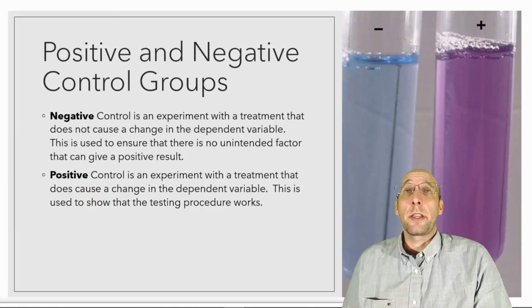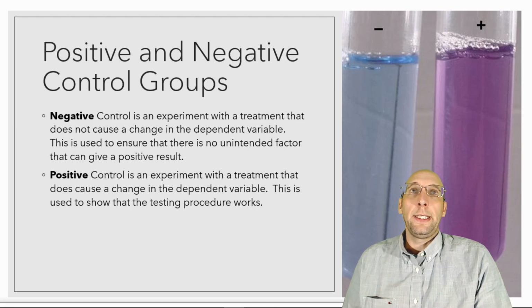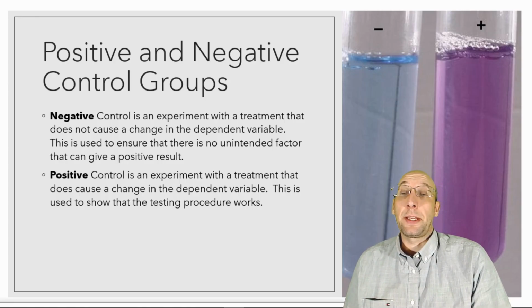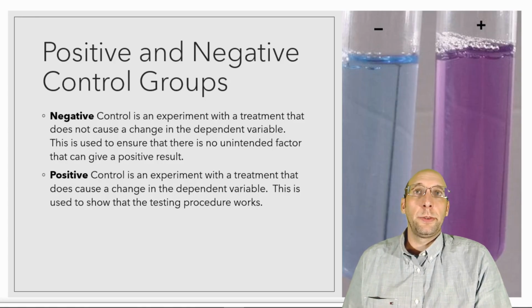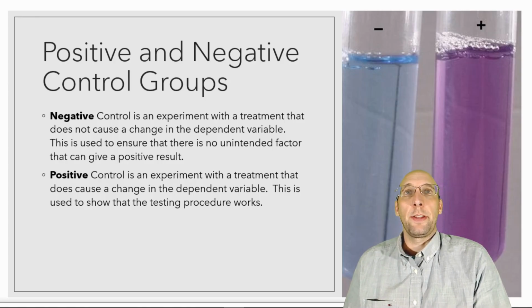In some experiments, there is a positive and a negative control group. The negative control group is an experimental group that should not change in the dependent variable. A negative control group is used to make sure that there's no unintended factor in the experiment that could give you a positive result. So if you're doing experiments and you want to see if something's occurring, and you get everything's occurring, well, you don't know if it's because of the factor of the experiment unless you have a negative control group.